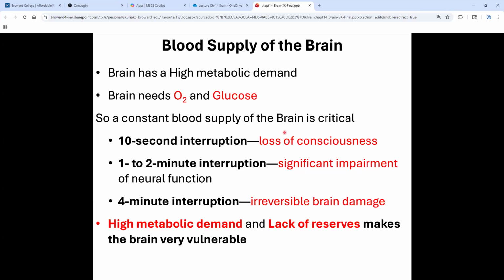Why do you do chest compression? You're pumping the heart. Why are you pumping the heart? To protect the brain. Because the brain is the vital organ which needs oxygen. And to provide that oxygen, if you're going to wait for 5 minutes, it's already gone.